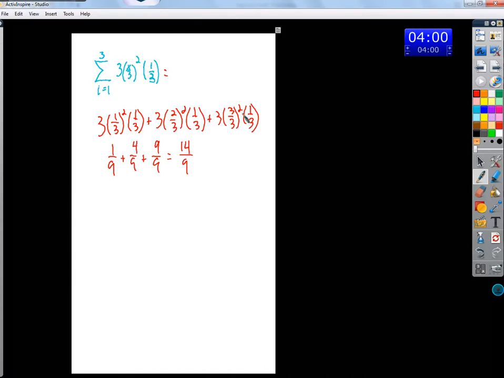Every one of these is going to have a 3 times a 1/3. So we can take the 3 out, the 1/3 out, and then only deal with the part that actually varies. Then we would have had 3 times 1/3, which unfortunately worked out to 1, times 1/3 squared plus 2/3 squared plus 3/3 squared.